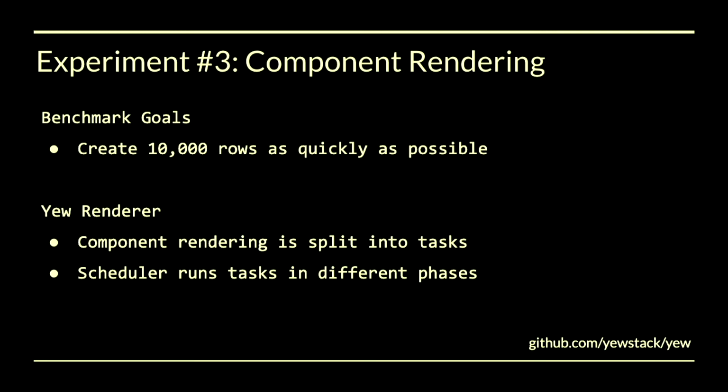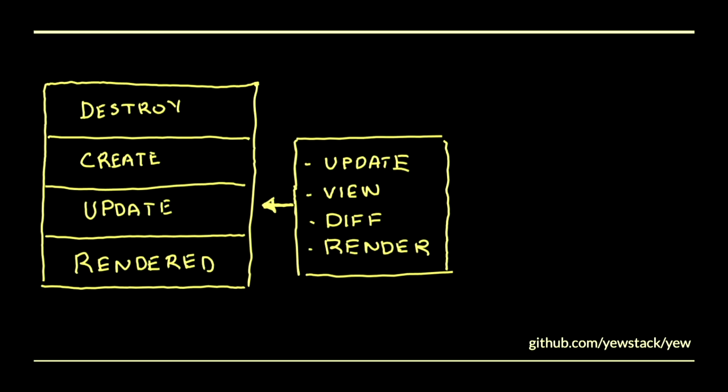Yeah, so what we're looking at now is trying to improve component rendering within U. And we're specifically trying to create 10,000 rows as quickly as we can, okay? And so I drew up a little hand-drawn diagram, and this is what's happening behind the scenes within U. On the left, this is supposed to represent the U scheduler within the rendering process, okay?